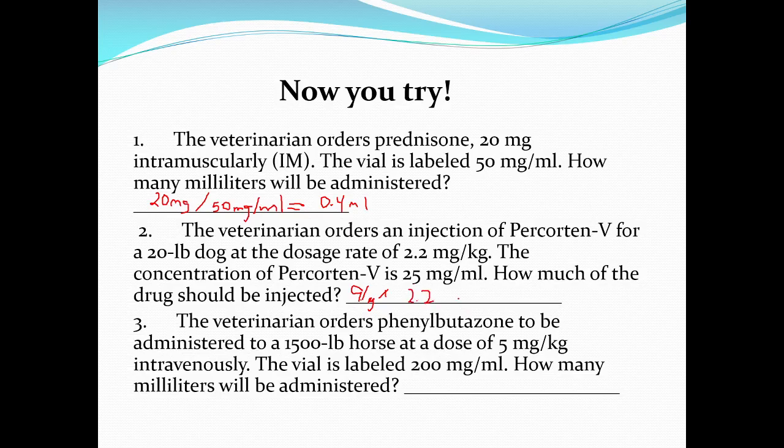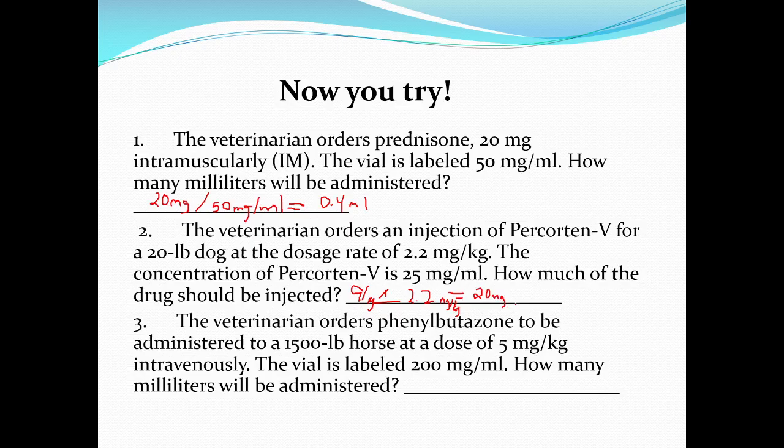We just divided by 2.2. What is that going to give us? 2.2 mg per kg. So if we look at the units, we can erase the kilograms. So 9.1 times 2.2 is 20 milligrams.